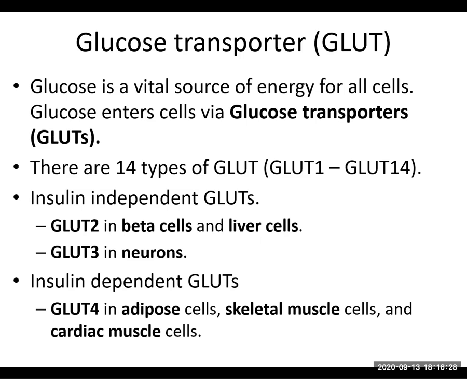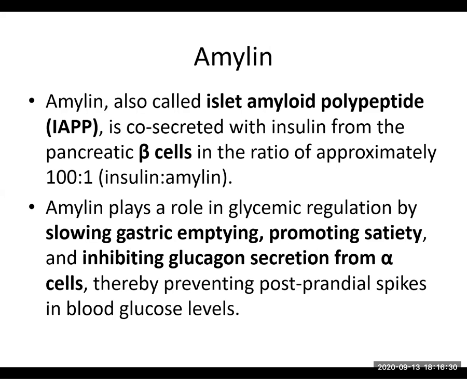All right, so that's the summary of insulin. The beta cell also produces another hormone called amylin. Amylin is also called islet amyloid polypeptide, and it is co-secreted with insulin from the beta cells in the ratio of 100 to 1.